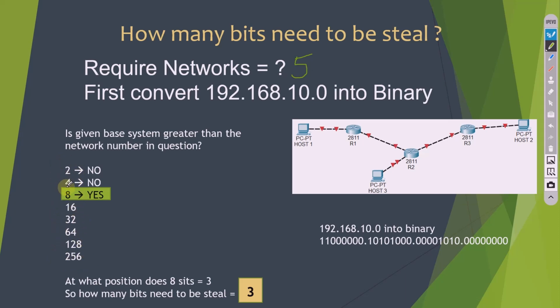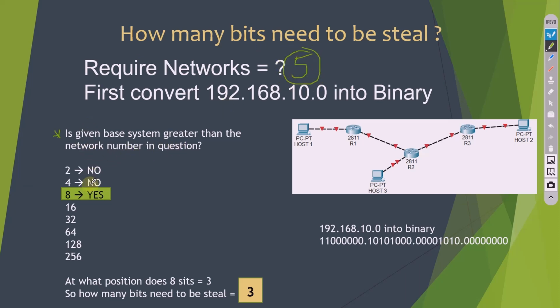2 multiplied by 2 is 4, 4 multiplied by 2 is 8, 8 multiplied by 2 is 16, and all the way to 256. The note mentions that the given base system must be greater than the network number in question, which is this one.